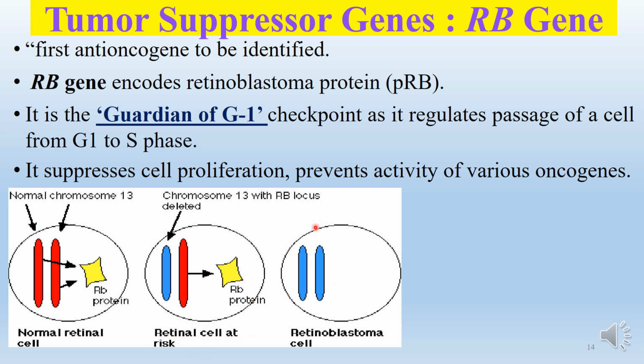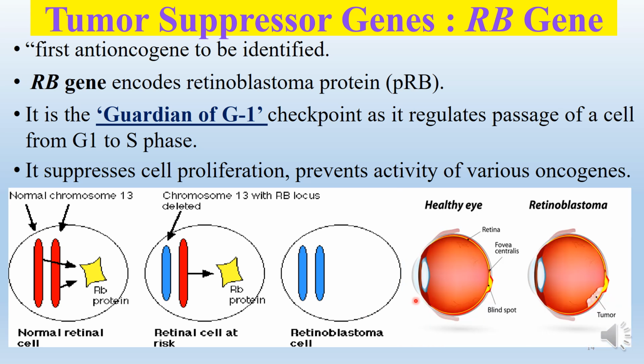Now, if the RB locus in both the chromosomes is deleted, it being a recessive trait, retinoblastoma is expressed in the retinal cell.